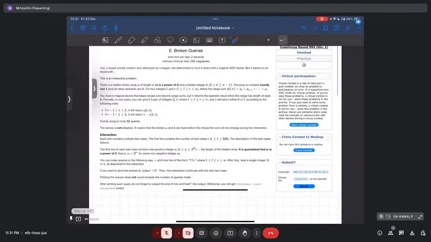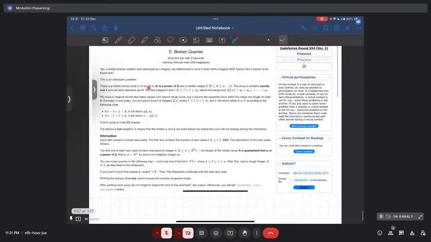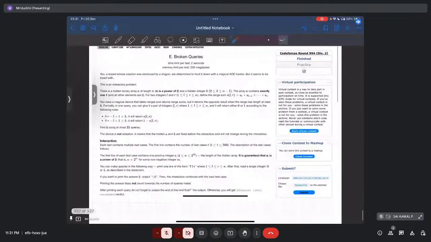We are given an array whose length is a power of 2, and we have a hidden integer k. The given array A contains exactly one 1 and the remaining all zeros, and we do not know where the 1 is. And we can input queries to the interactor.